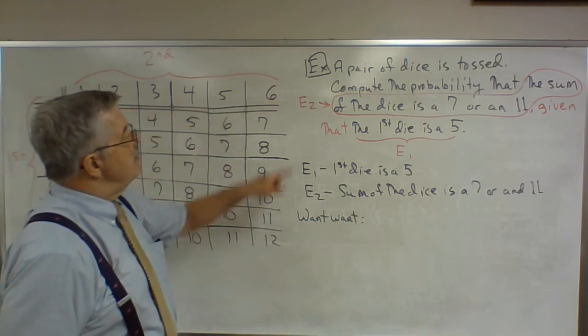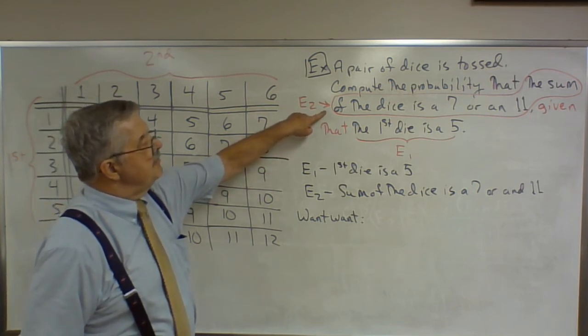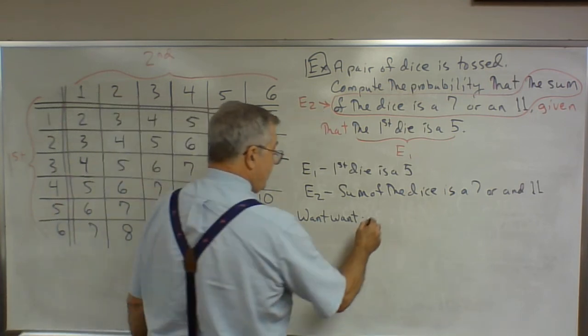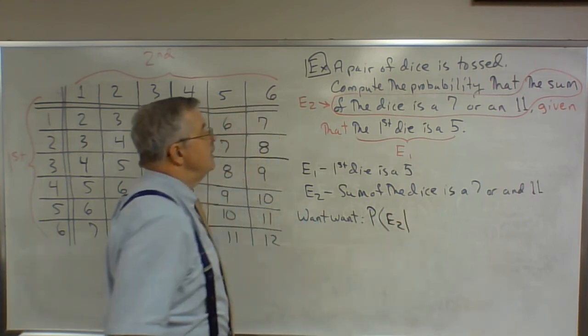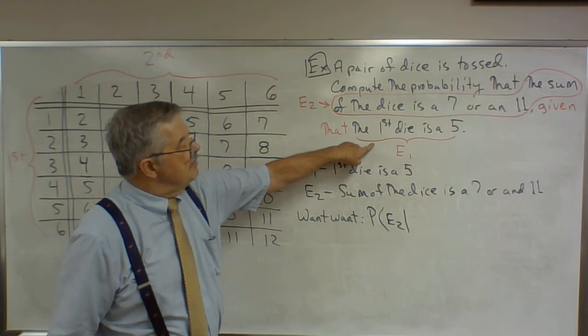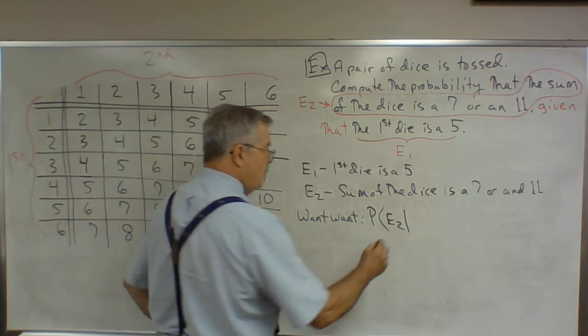And we want the probability that the sum of the dice is a 7 or an 11, that is, we want the probability of E2 given that the first die is a 5, E1.